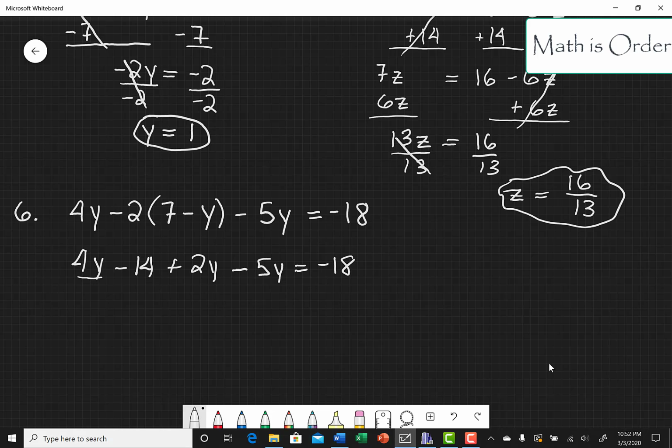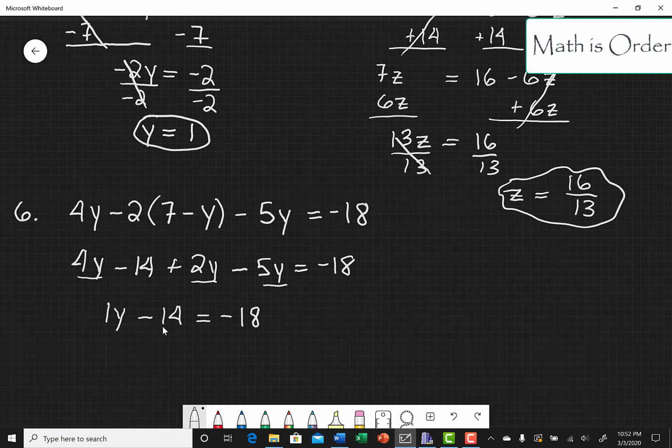4y is a like term with 2y and 5y. So all of those can be combined. Now that's going to give us just 1y minus 14 equal negative 18, right? Now we got a little closer to getting y by itself.